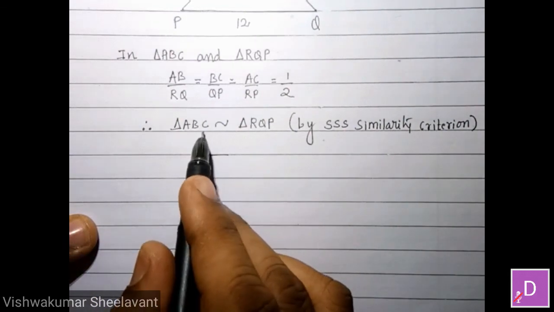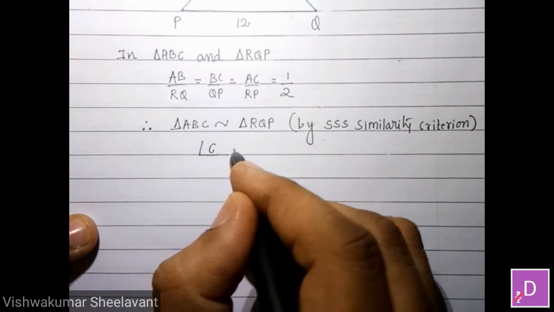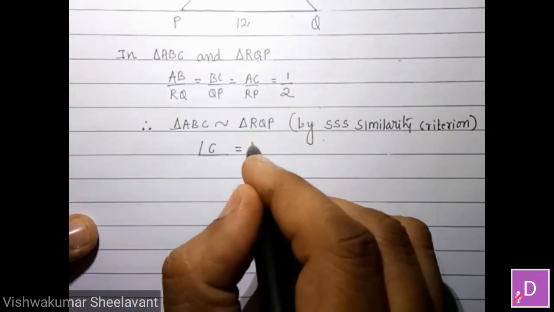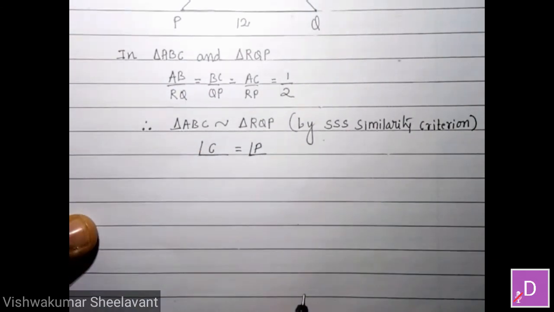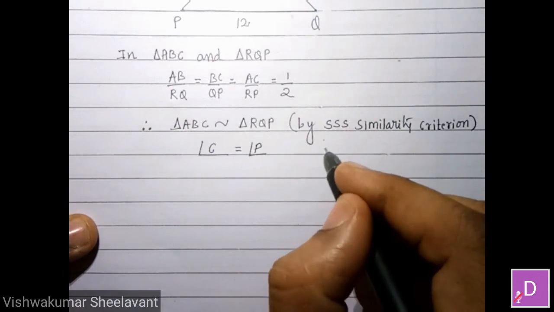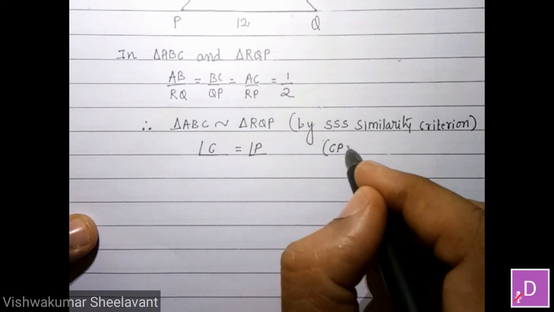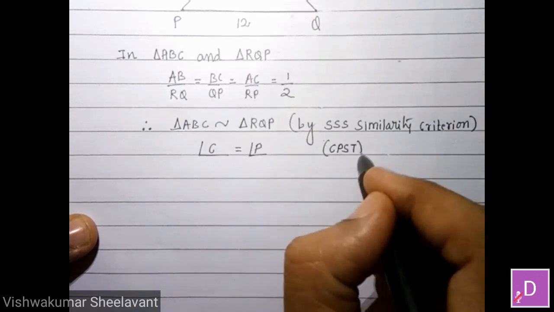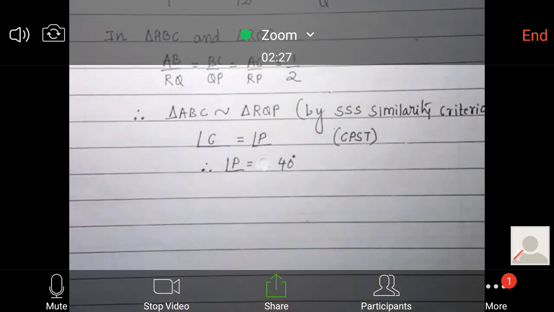Angle C must be equal to now angle P. Corresponding parts of similar triangles. CPST you have to write. Corresponding parts of similar triangles. Therefore, angle P must be equal to 40 degree.